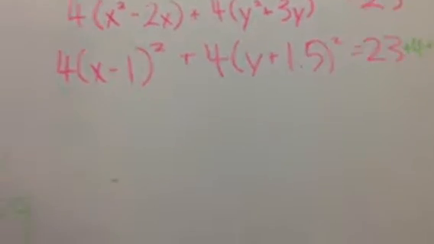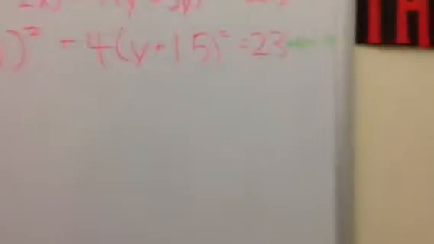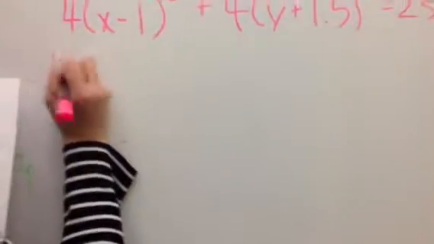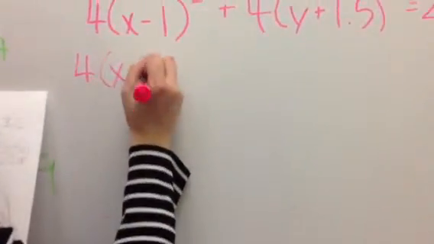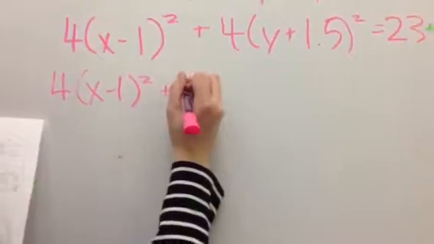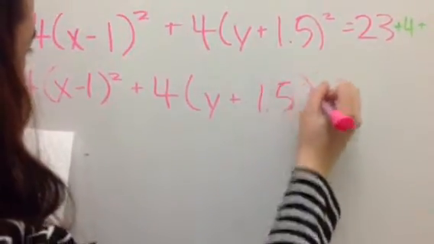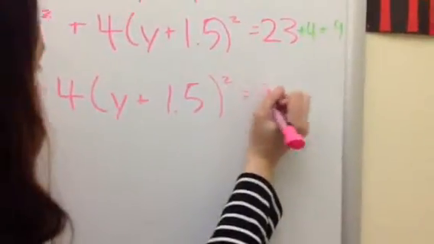And she's going to add a 9. Don't believe me? Do it on your paper. So all we're doing is adding a 4 and adding a 9 to complete the square. So now in the new form, it is 4 times quantity x minus 1 squared plus 4 times quantity y plus 1.5 squared is equal to 36.